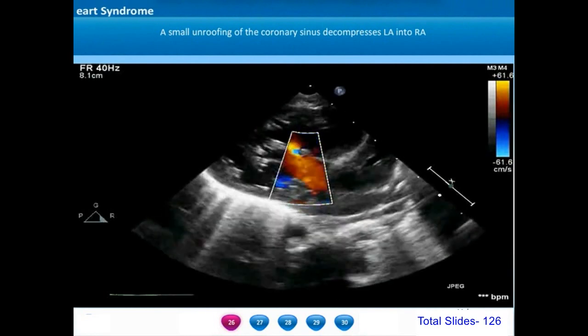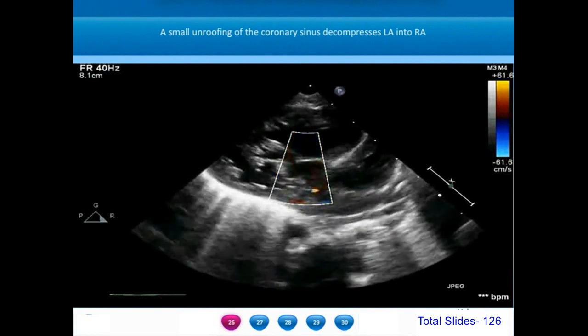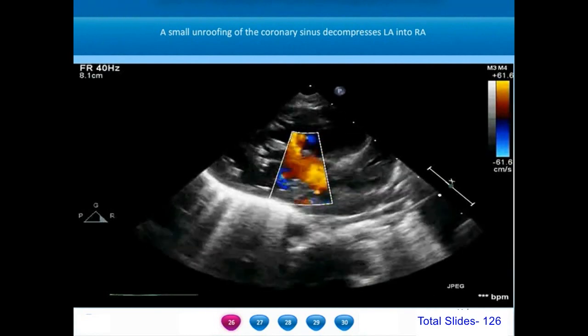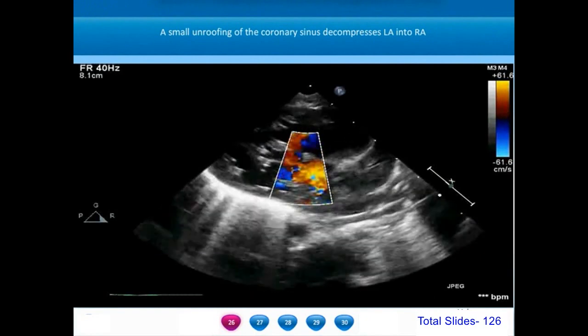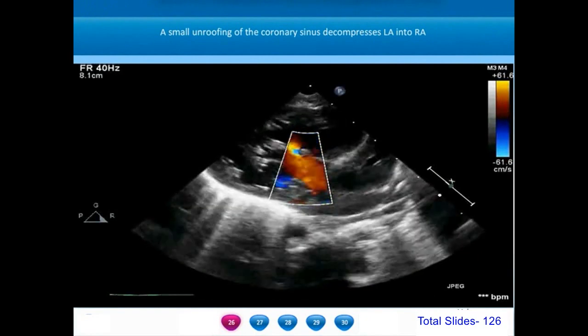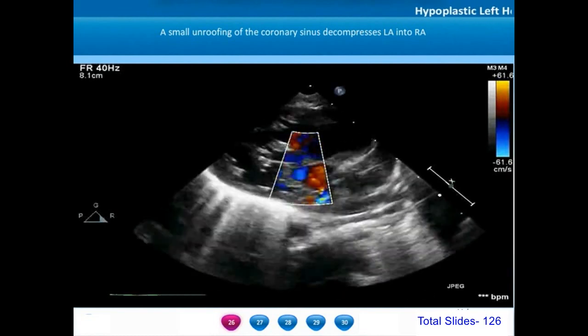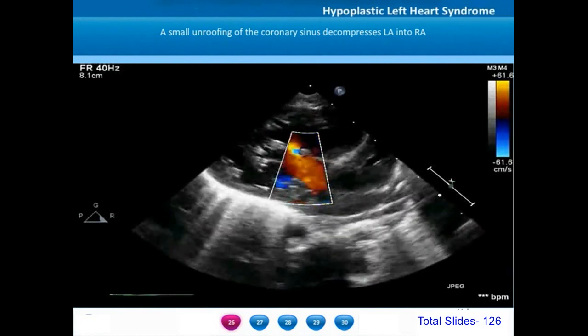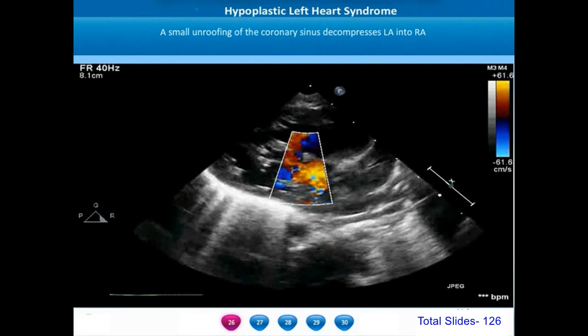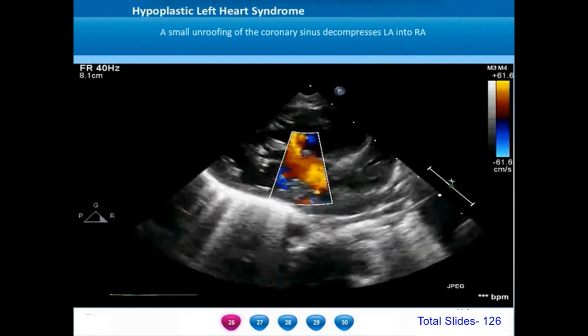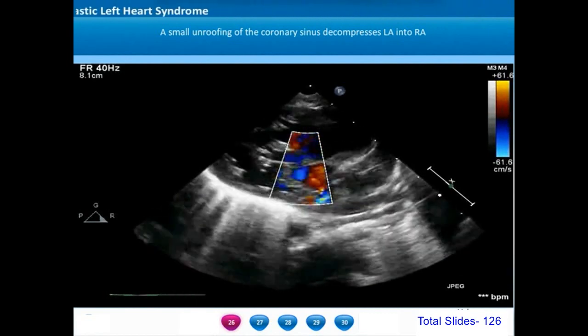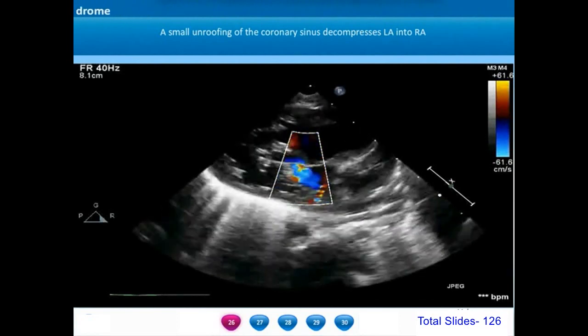In one such patient, where the interatrial septum is intact and the left atrium is decompressing through a small unroofing in the coronary sinus, this parasternal long axis view is showing the entry point of the coronary sinus into the right atrium. You can see the dilated trabeculated right ventricle, and the tricuspid valve shows only minimal incompetence.